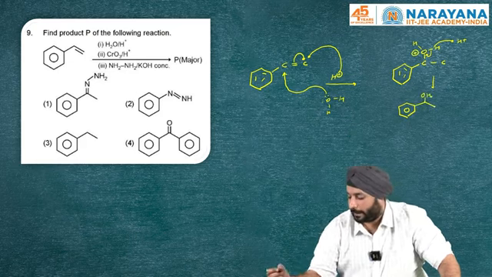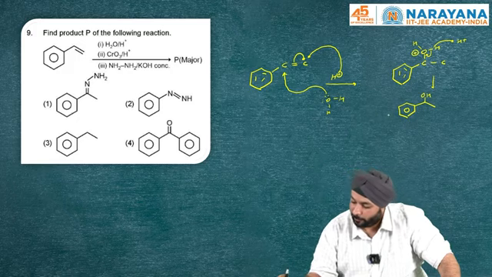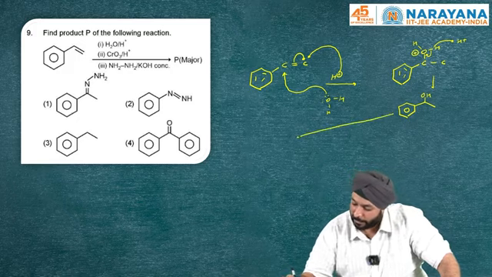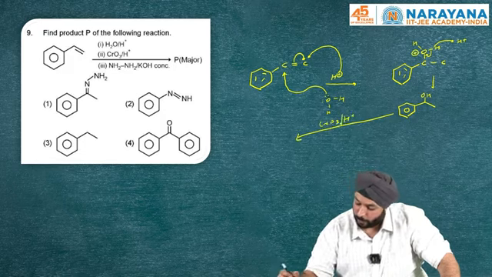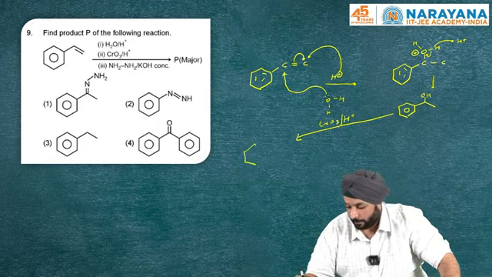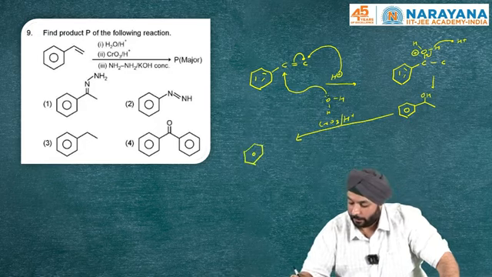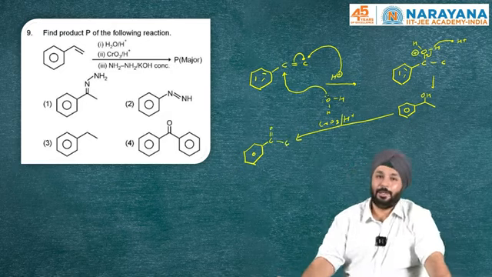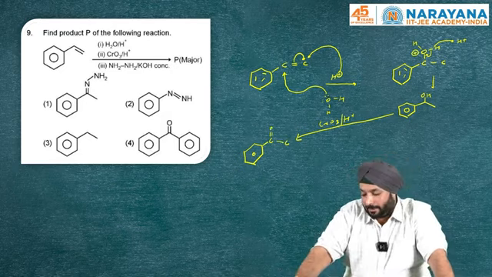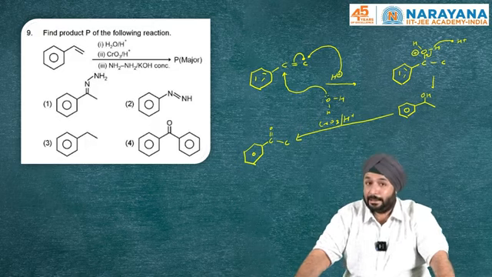with an OH. This is a secondary alcohol, and we very well know that a secondary alcohol will get oxidized by an oxidizing agent to form a ketone. And then we have the Wolff-Kishner reaction.